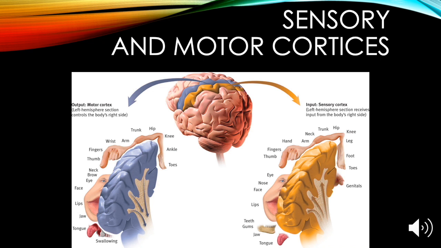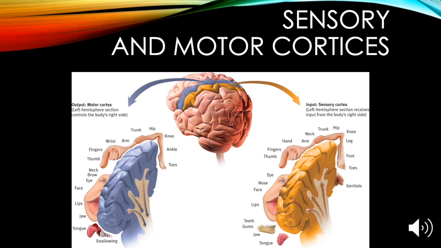All right, so talking about sensory and motor cortices, or cortexes, depending on how you like to pronounce that. For both, the neurons in each little spot there are dedicated to what parts of the body they control.